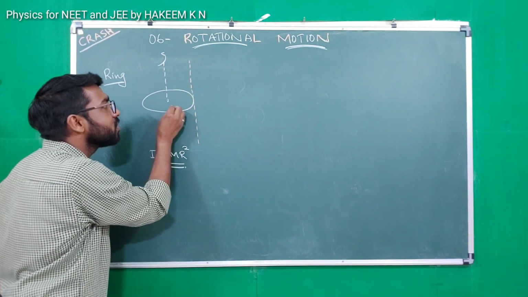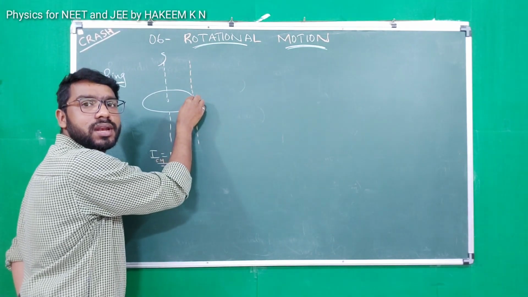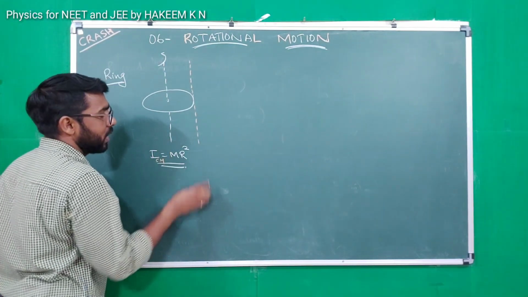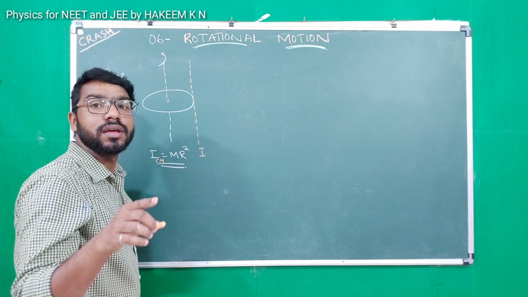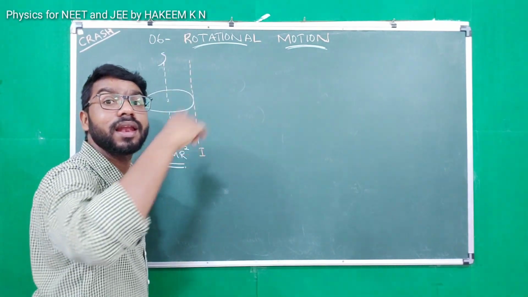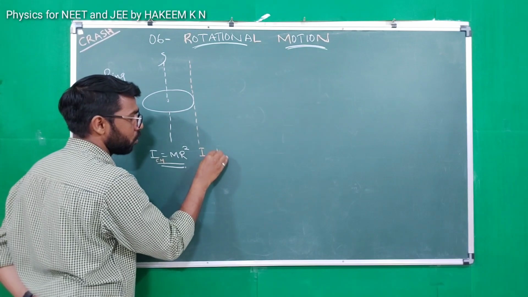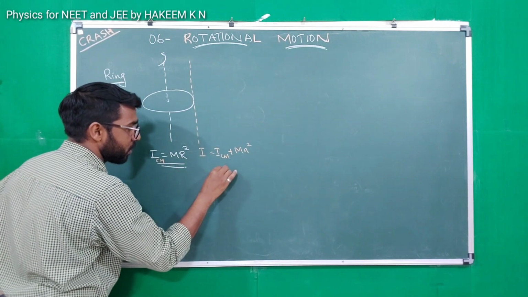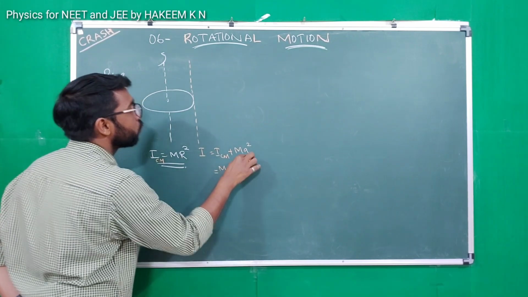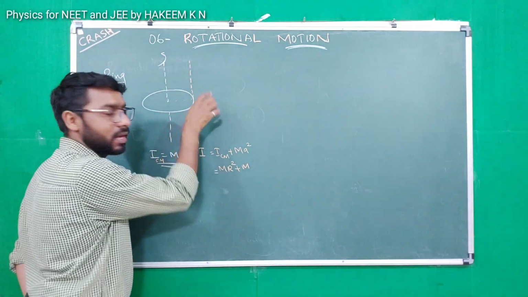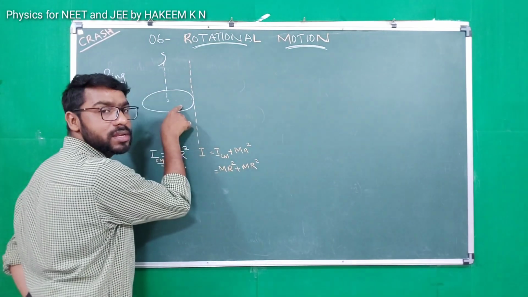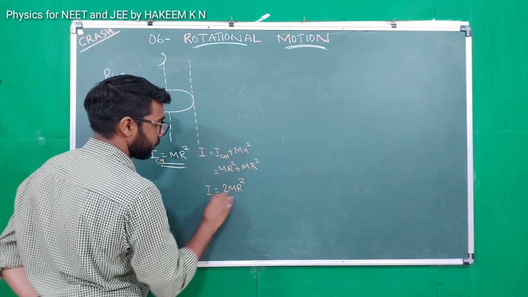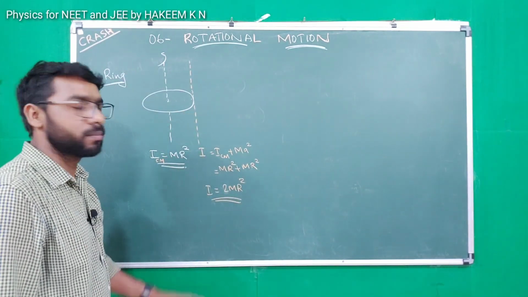Then to find the moment of inertia about a tangential axis parallel to it, we use the parallel axis theorem. That is found using I equals ICM plus MA square. ICM is MR square, and what is A? A is the distance between the axes, which is also the radius here. So we will get I equals 2 mr square.